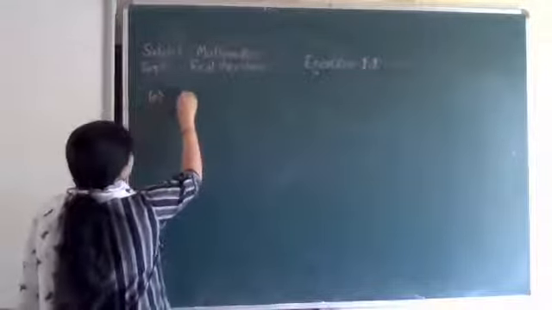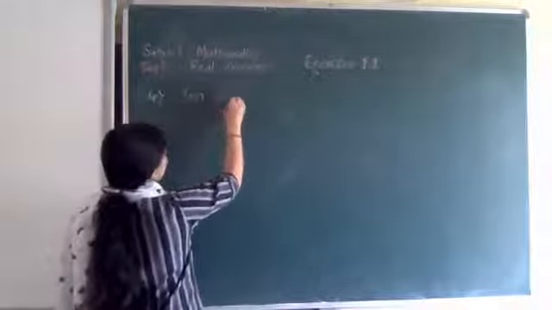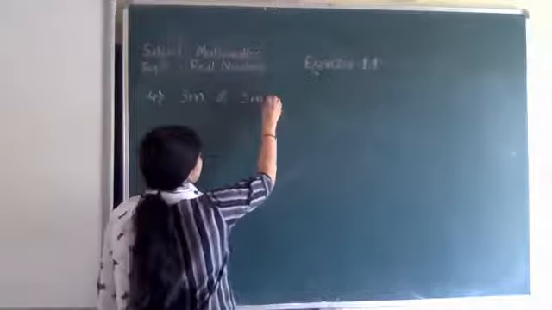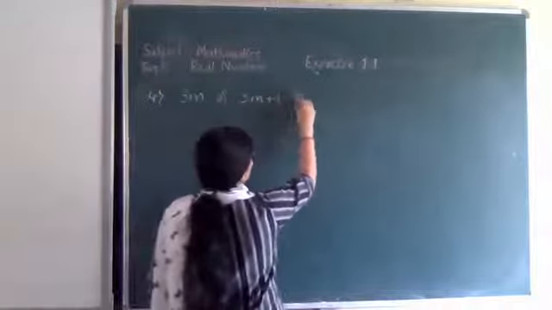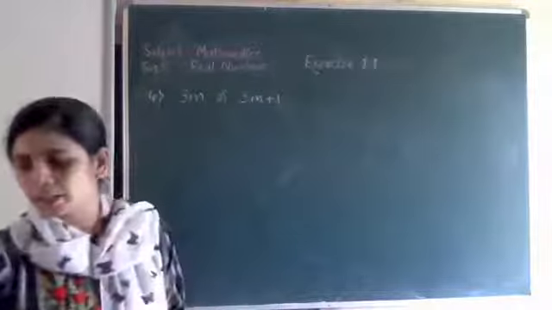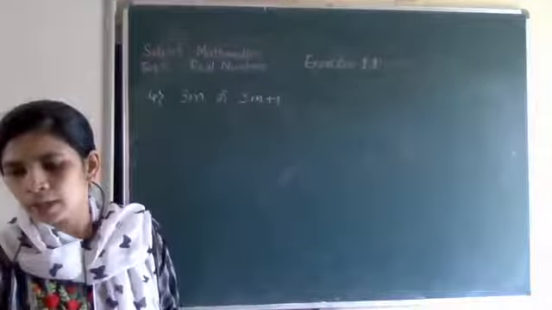We have to show that the square of the number is of the form 3m or 3m plus 1 for some integer m.